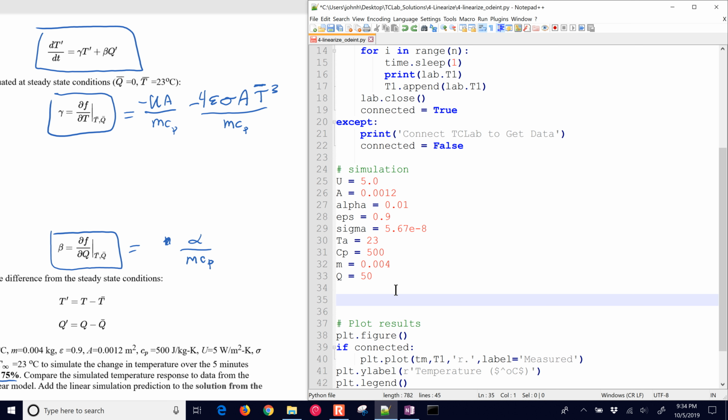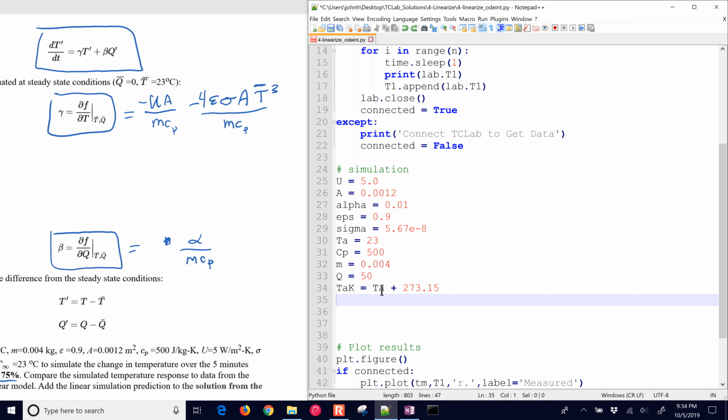So I'm going to add down here, I'm going to convert the ambient temperature into Kelvin, add 273.15, and then I'm going to have my gamma value, and that's going to be negative U times A minus 4 times epsilon times sigma times A times TAK cubed, at the ambient temperature, which is my nominal steady state condition.